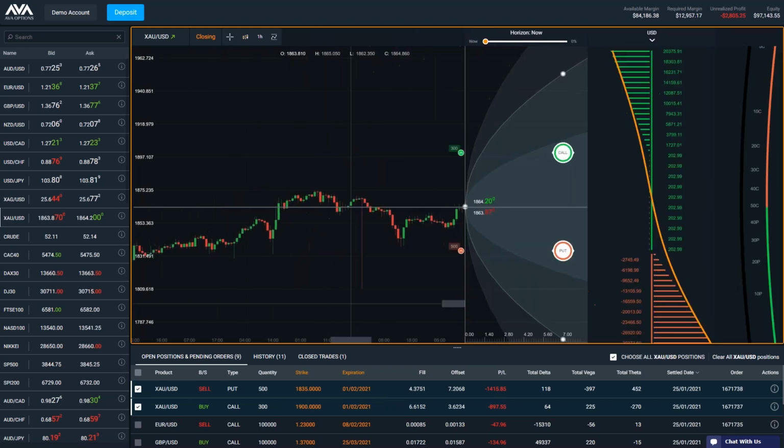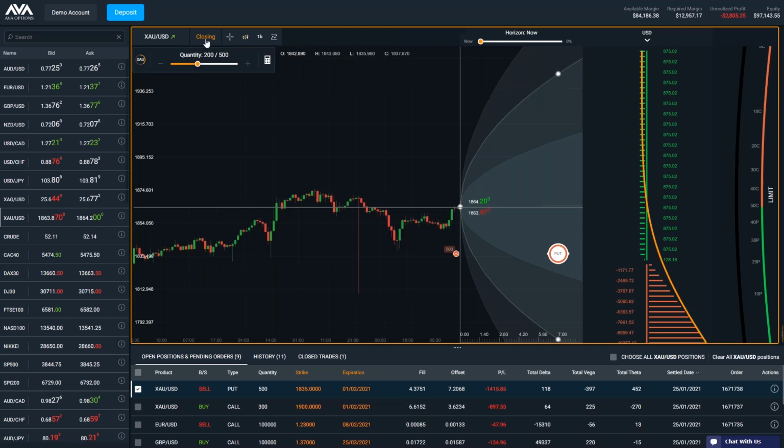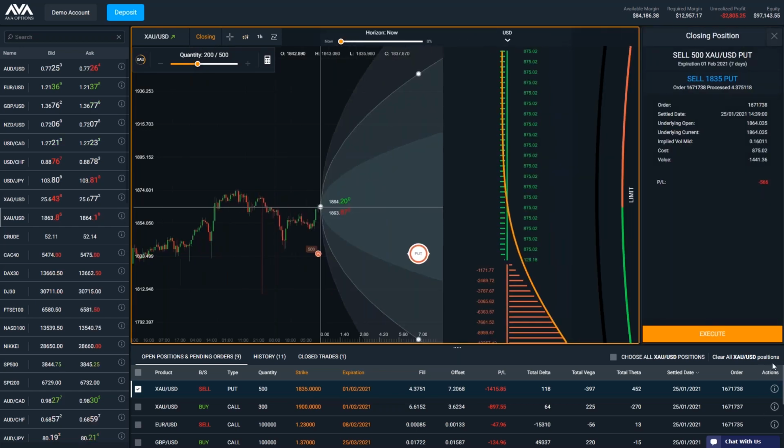Just want to show you that I can also do a partial close. Let's say I want to close out the excess amount of this put. There's 500 ounces of this put. I want to close out 200 of them. I just move my quantity slider, click close again, execute.